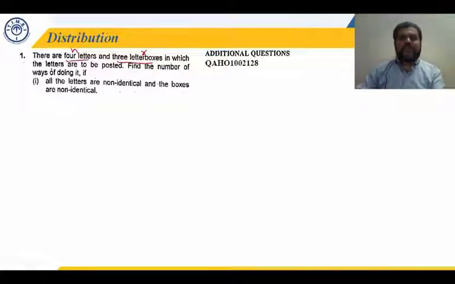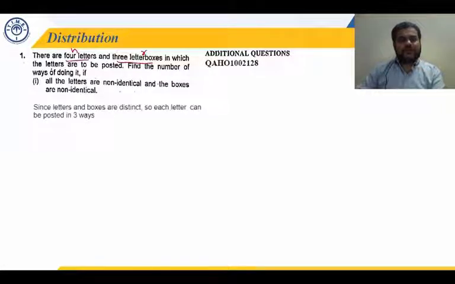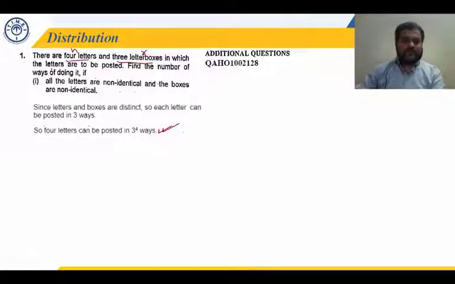So all possible choices are available to us. So what is the answer? Since letter boxes are distinct, each letter can be posted in 3 ways. So 4 letters can be posted in 3 into 3 into 3 into 3, which is 3 to the power 4 ways.